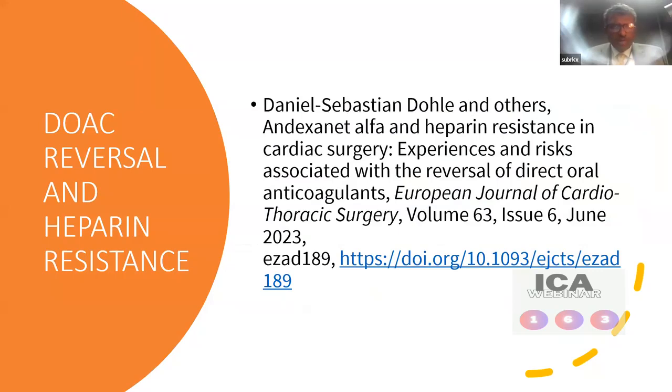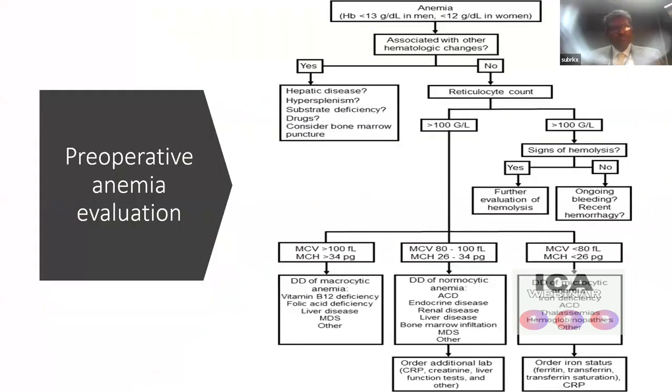Post-bypass reversal may be okay, but if you reverse these patients pre-bypass, you will not be able to anticoagulate satisfactorily with heparin. So that will be a problem to remember.